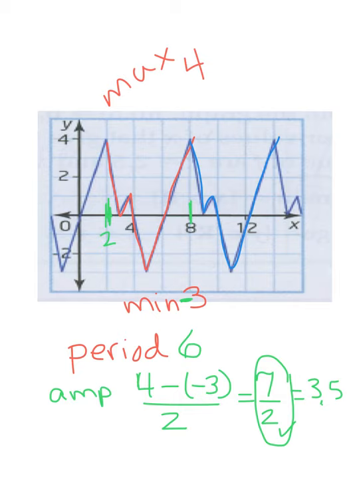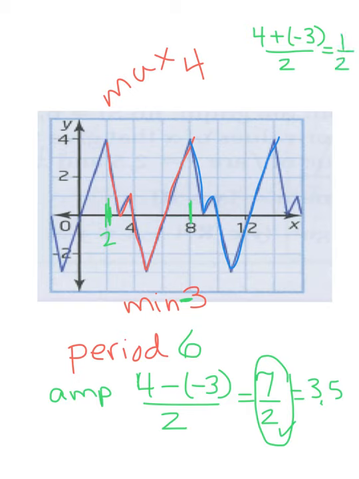The middle of this function is right here. If the top is 4 and the bottom is -3, to find the middle, you just take the average of 4 plus -3. It's like you're finding your axis of symmetry and dividing it by 2. So that is equal to 1 over 2. That's the middle.